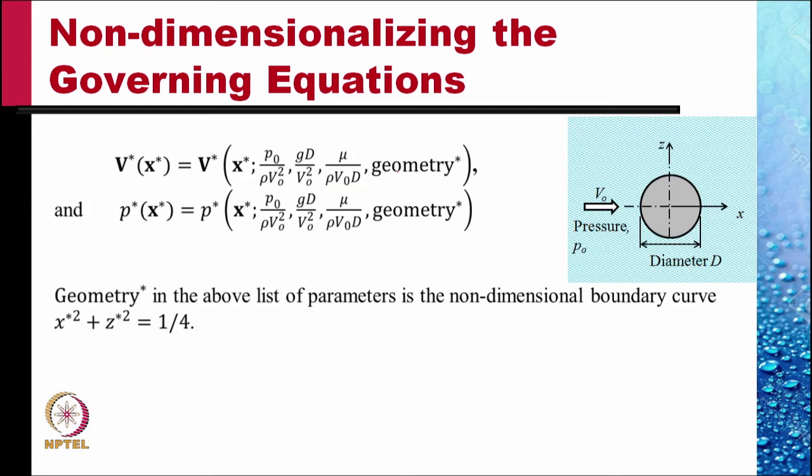The non-dimensional velocity V star depends upon x star, the location, and these 3 groups of independent parameters. The geometry in the above list of parameters is the non-dimensional boundary curve x star square plus z star square is equal to 1 by 4, the equation of the circular surface of the cylinder.